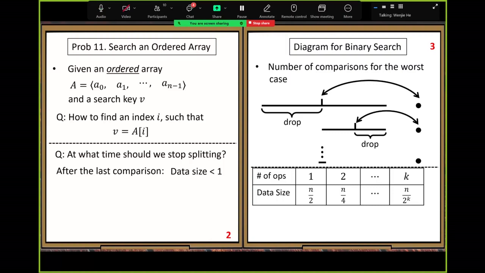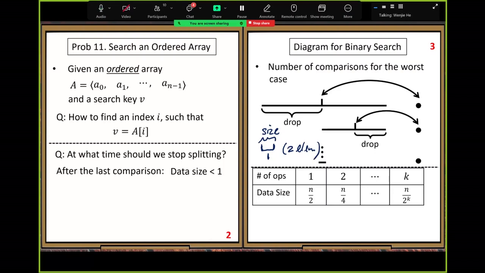Why? If we use a line segment to represent the size, and the difference between the two endpoint locations is 1, it can cover 2 elements. With 2 elements, you can still make a split.